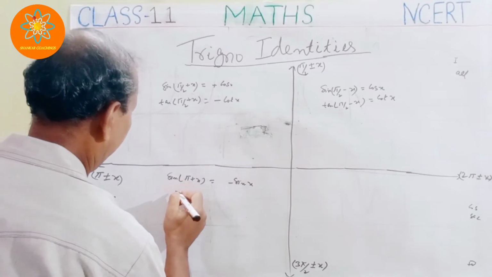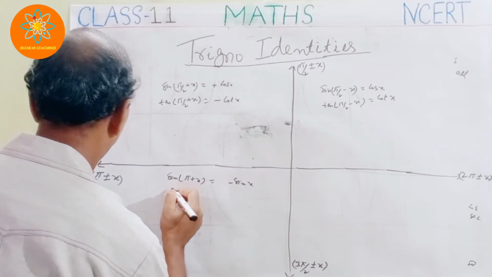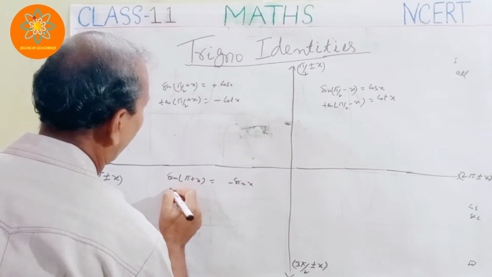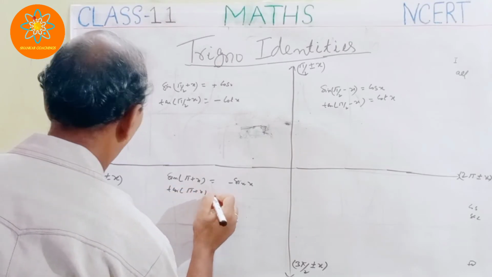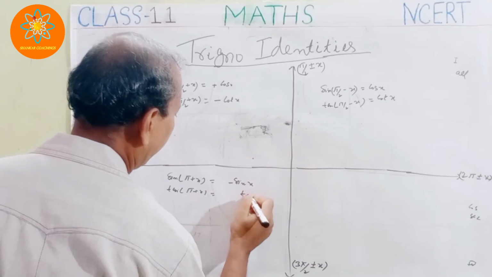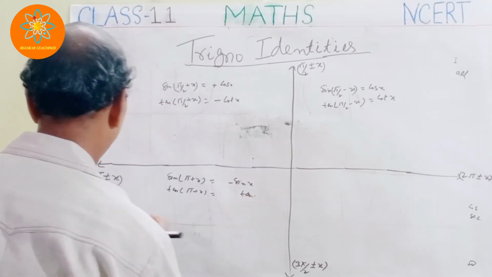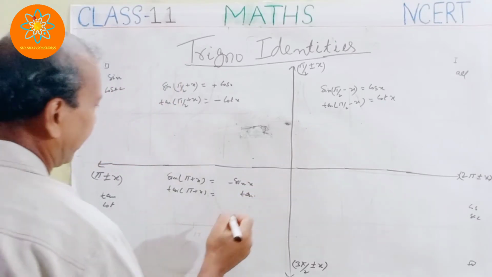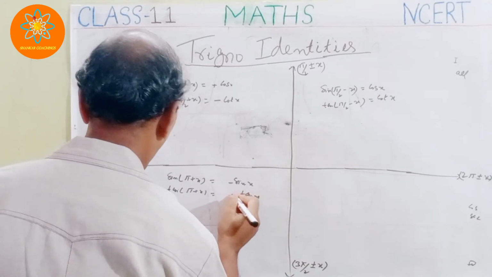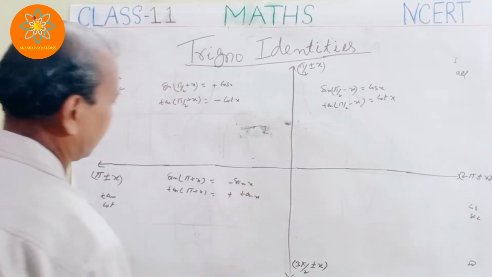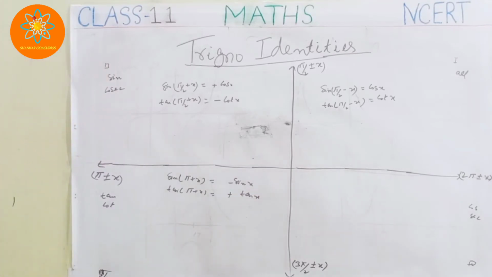Similarly, let's suppose I am taking tan(pi plus x). It will not change, so it will be tan x, since it is in the third quadrant, and tan will be positive. Okay.